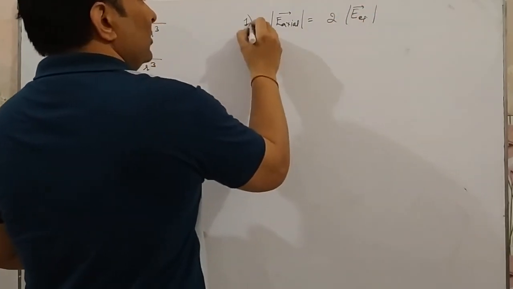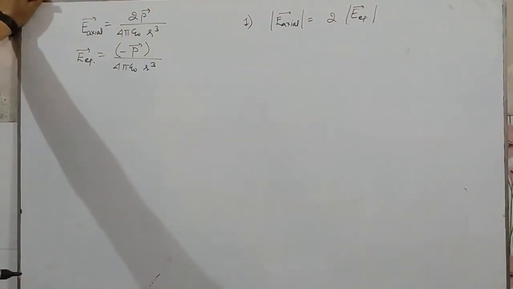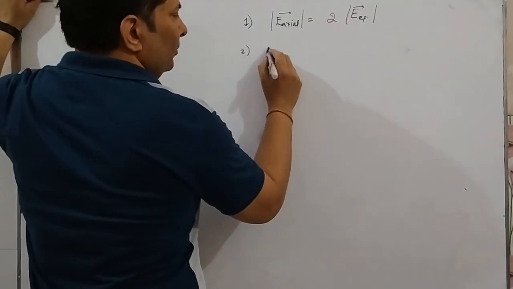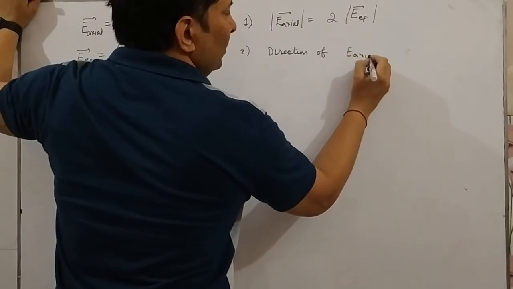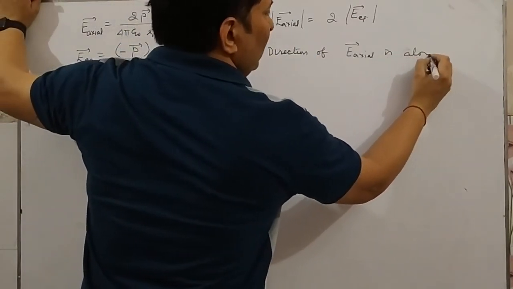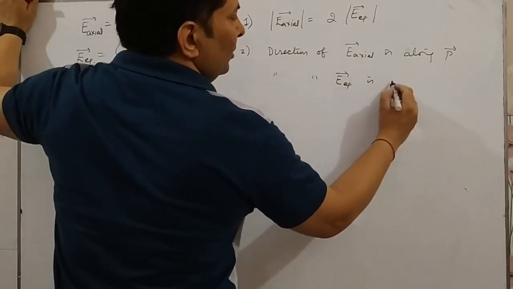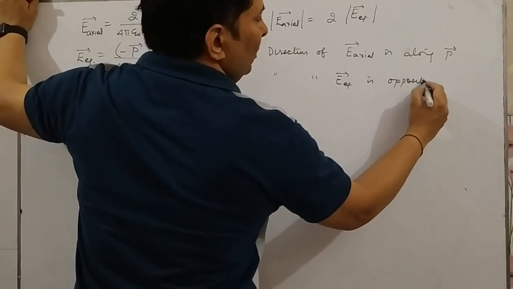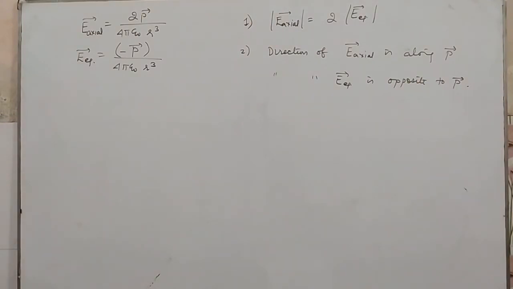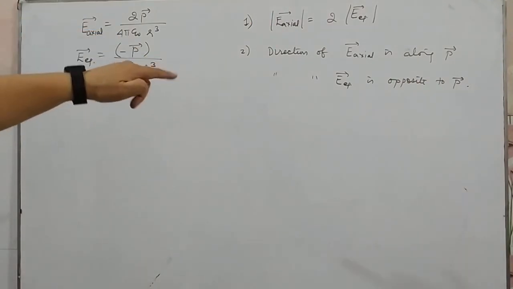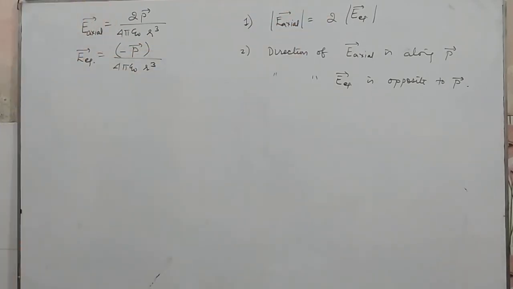Secondly, the direction of E axial is along the P vector, whereas the direction of E equatorial is opposite to P. So two main differences we observed when we compare the electric field due to the axial point and the equatorial point. Okay, thank you.